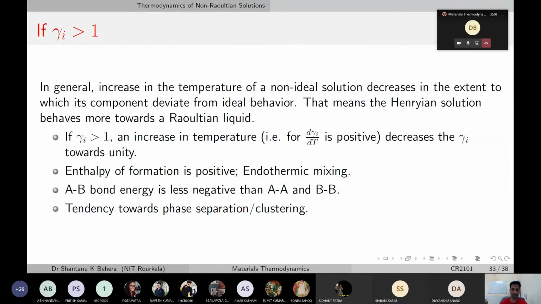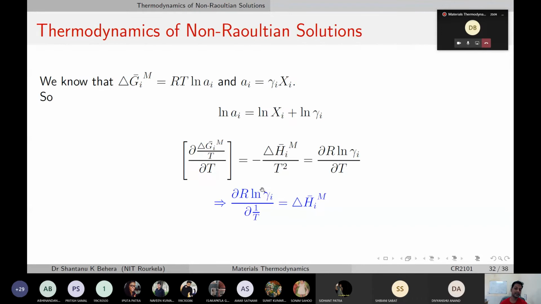Now we are considering cases. If we have to broadly define the kind of non-Raoultian solutions you have, we split it into two, like we talked about. One is with gamma i becoming more than 1, or gamma i becoming less than 1.